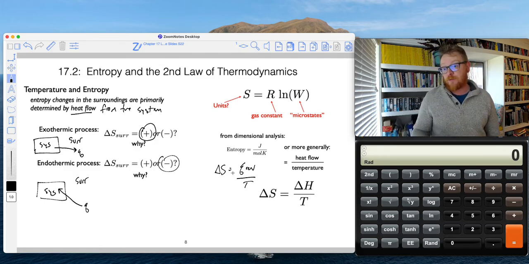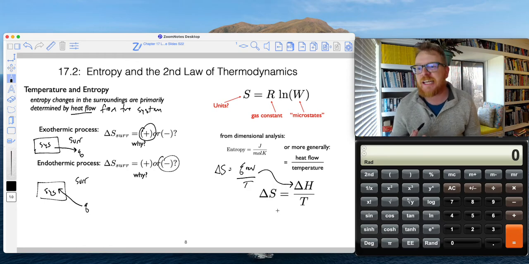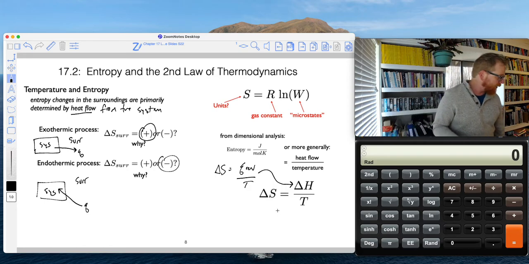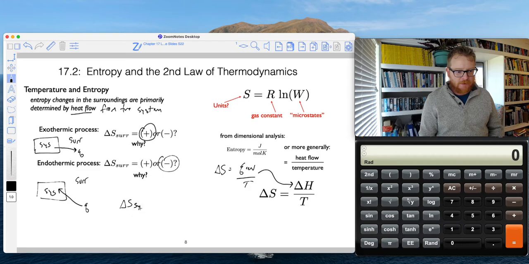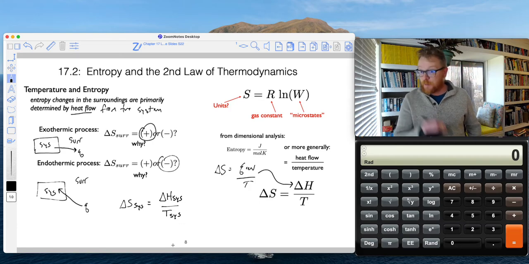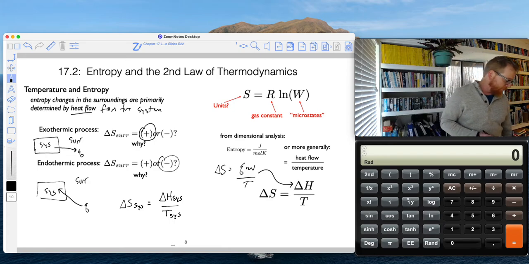But now, where are we going to get that Q from? Aha, it comes from delta H, the enthalpy of a reaction or process. So for example, if we were talking about the entropy of the system, so I'll write delta S SYS, we could call that the delta H of the system divided by the temperature of the system, so we can put more specific qualifiers there.